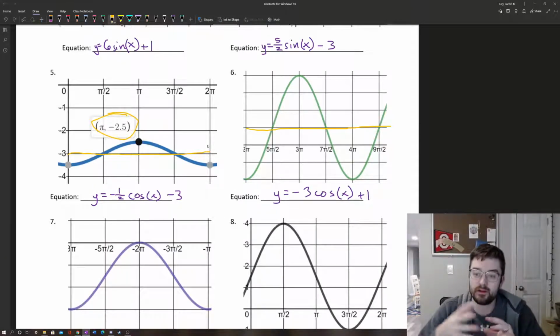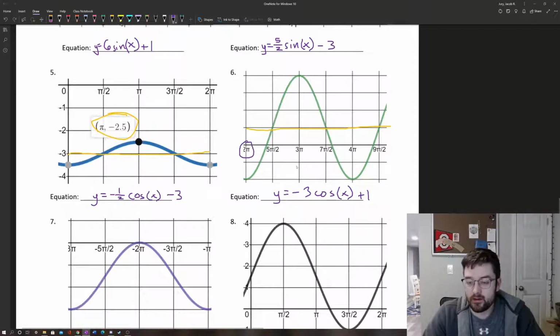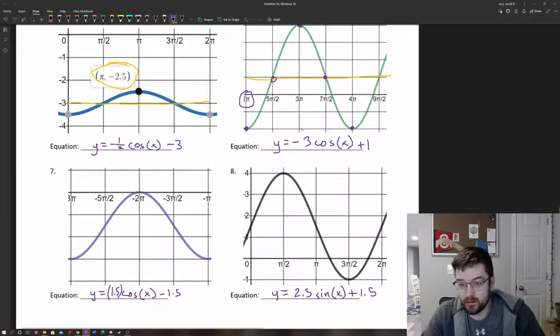Number 6 was a little tricky too. You kind of had to piece it back together and know that the period, this is 2 pi right here, the period starts over after it goes a full period. And for cosine, that period ended with 2 pi. So then this is like a fresh period starting over again with these new points. Maybe if you want to draw the rest of it out and kind of backtrace towards the y-intercept, that might help you because the y-intercept isn't on that one.